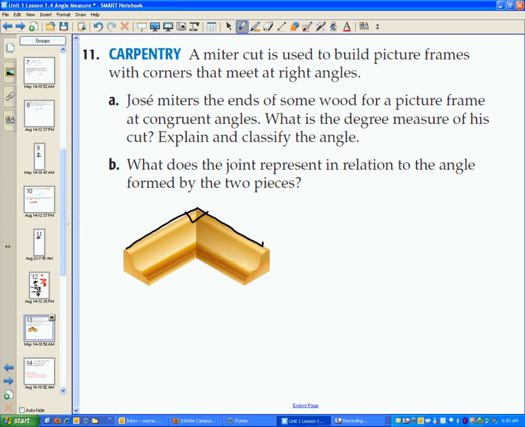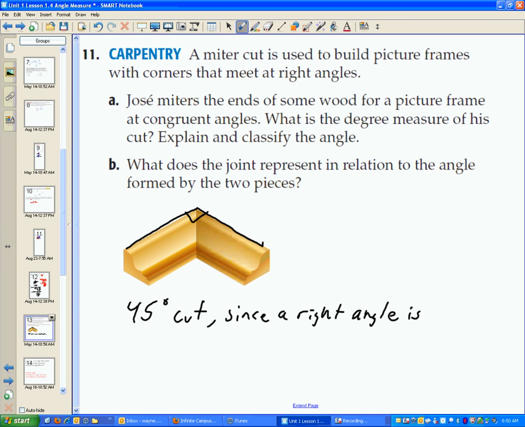And it says that he cuts it at congruent angles. So if you take a 90-degree angle and cut it into two congruent angles, what's the measure of each angle? 45.